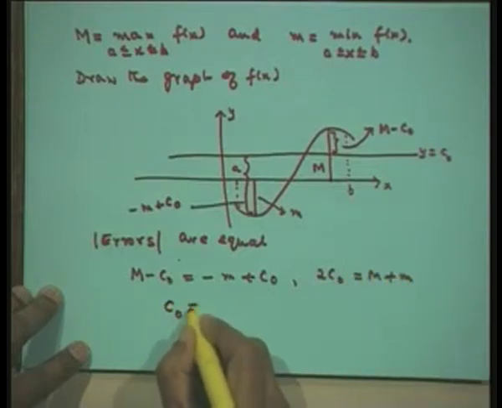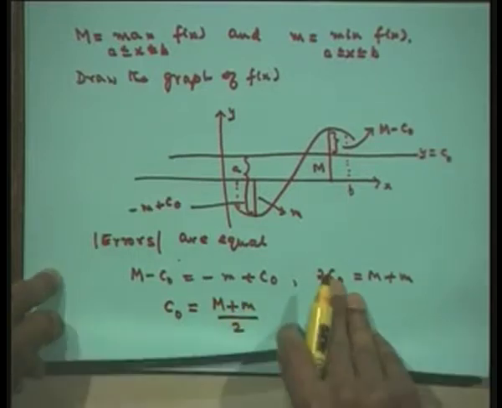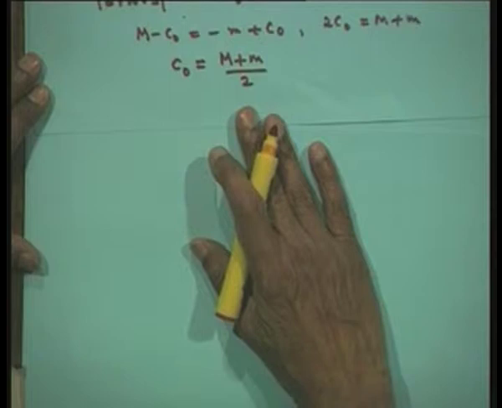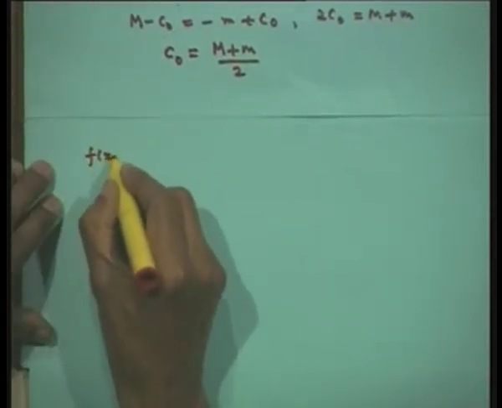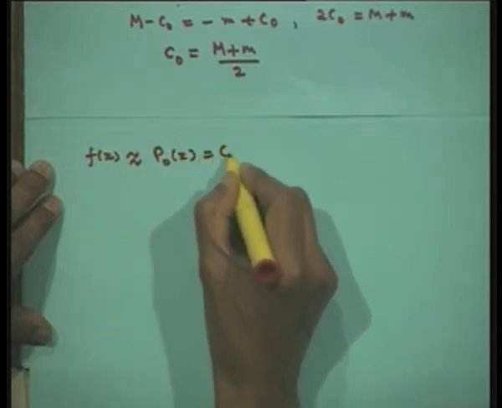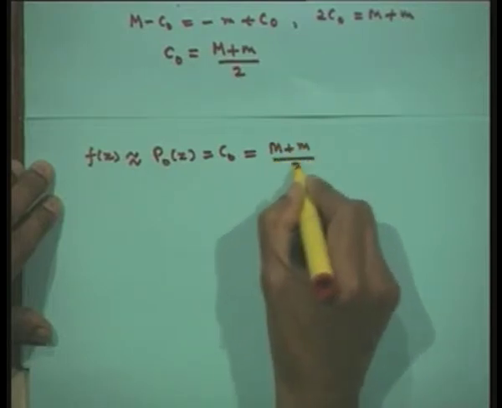Therefore, c naught is equal to (M plus m) by 2. Therefore, our uniform approximation is f x is approximately equal to p 0 x is equal to c 0 is equal to (M plus m) by 2.